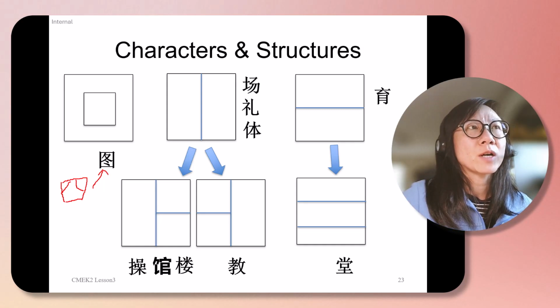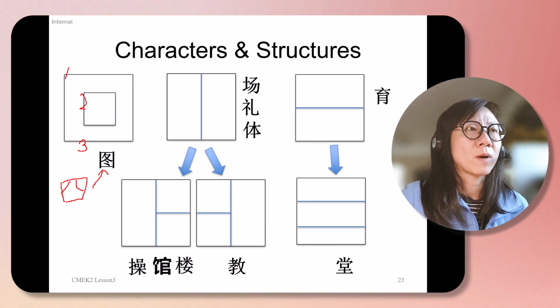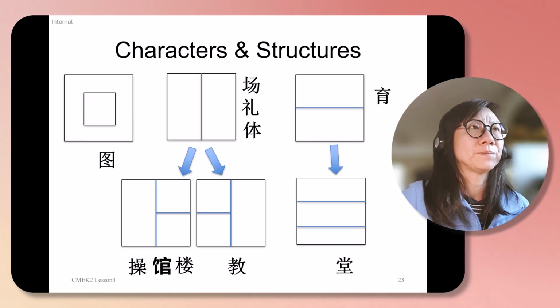So with this kind of structure, of course, we will start with the outside one, right? And then number 2, and also close it, 3, if there is horizontal line closing the whole box. So let's write this character in the structure. So the first one is start again. So we've got 入, right? 横折.